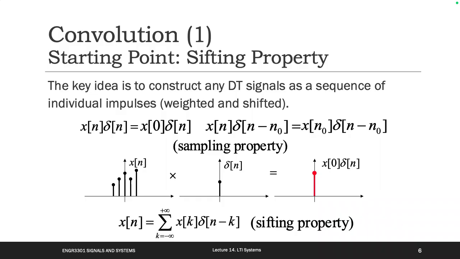So let's look at this one. If k equals 3, what is x[k]? 0, because outside the small range it is 0, which means this value is 0. If k equals 4, again 0.